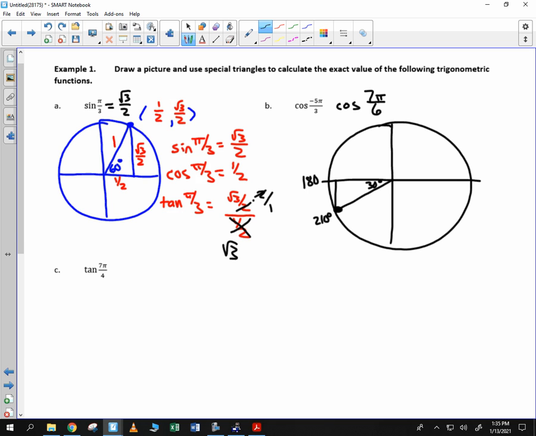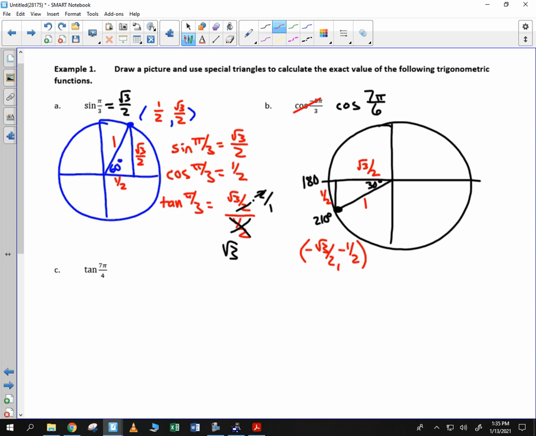Terminal point is there. We know that the side is 1. And if the side is 1, then what we know is that the vertical part is half of that, and the longer part is the root of 3 over 2. So the terminal point, as it's in the third quadrant, is negative root of 3 over 2, negative 1/2.